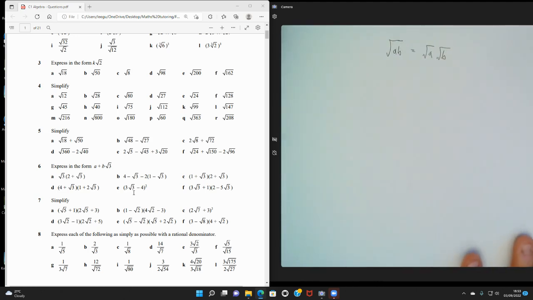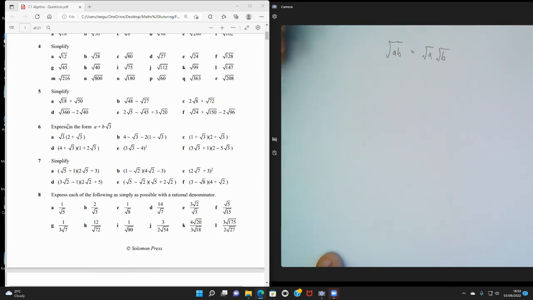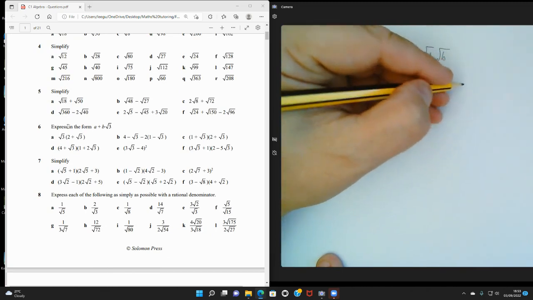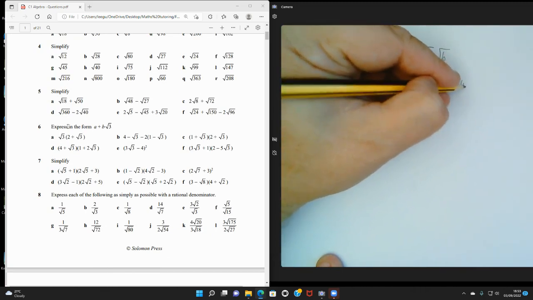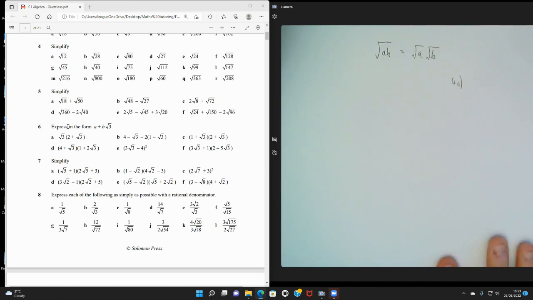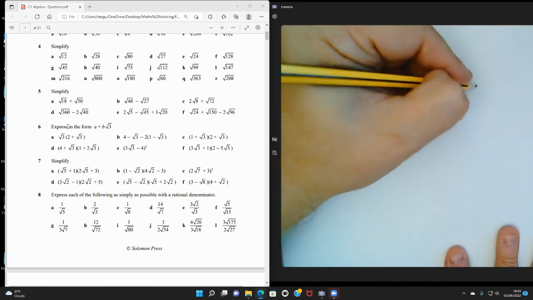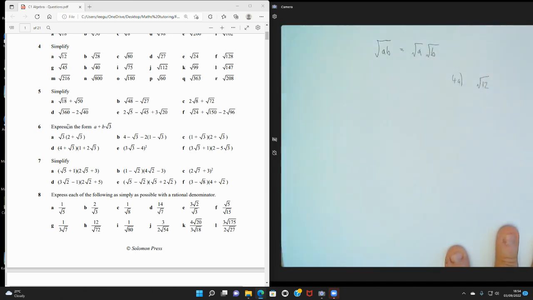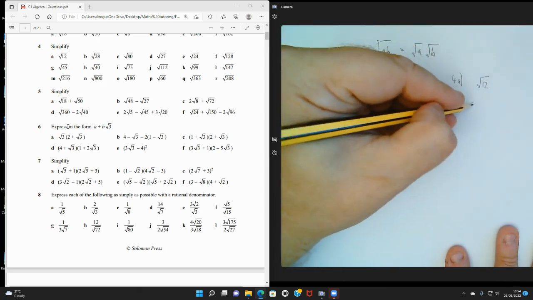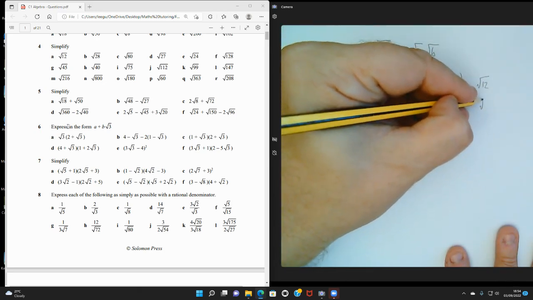So let's have a look at one of these then. I'm going to be referring to these questions here off this Solomon worksheet, and let's have a look at a nice straightforward one first of all. Question 4a, and it says simplify root 12. Now root 12, I think to myself, what times together to make 12?